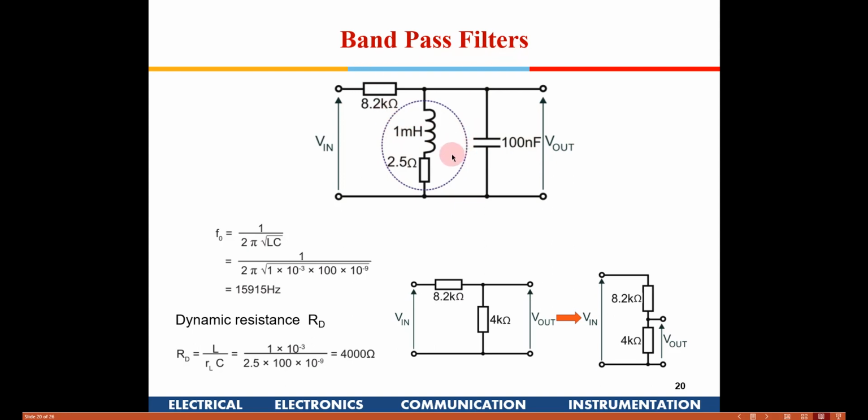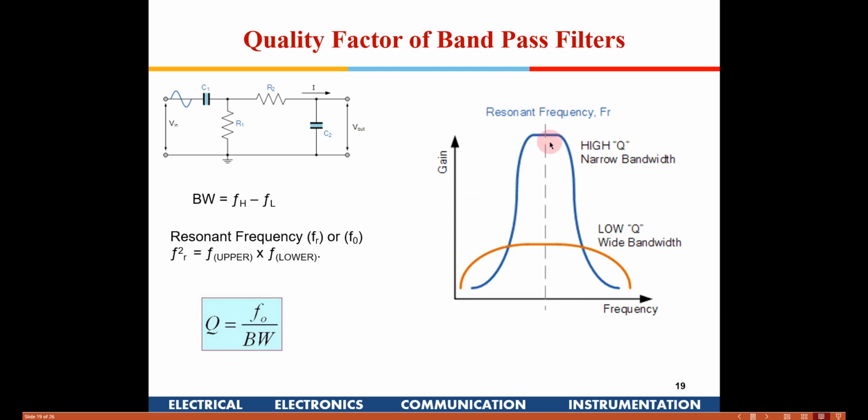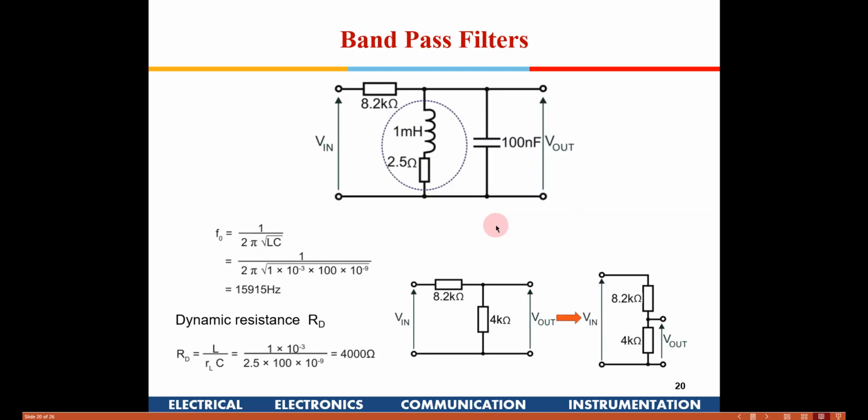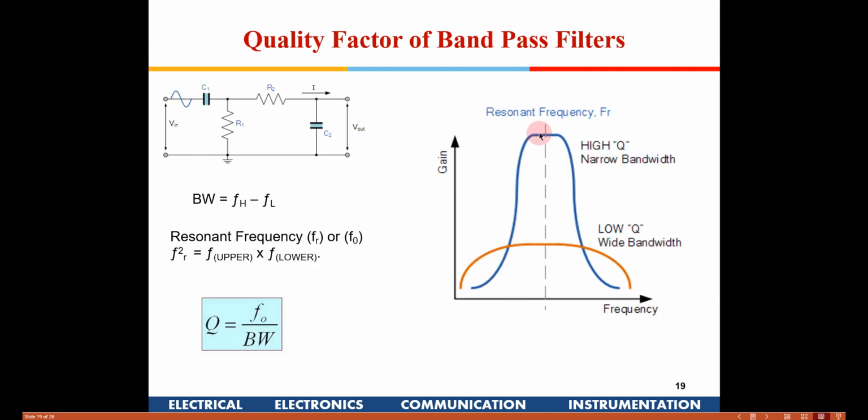The center frequency will be defined by f0 is equal to 1 by 2 pi root LC. So this is going to be the center frequency. If I go back here, this is going to be the frequency response.